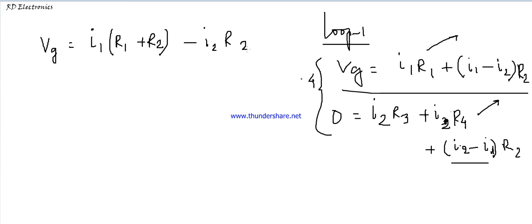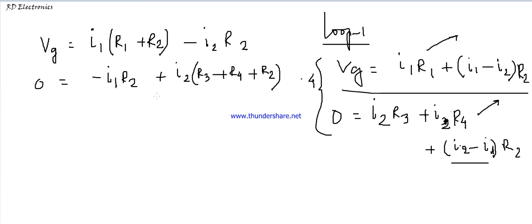This is R2 only. This is voltage 0 for loop 2. Here we separate I1 and I2. What are the parameters associated with I2? The resistance R3, the resistance R4, and the resistance R2. These three parameters are associated with the current I2.